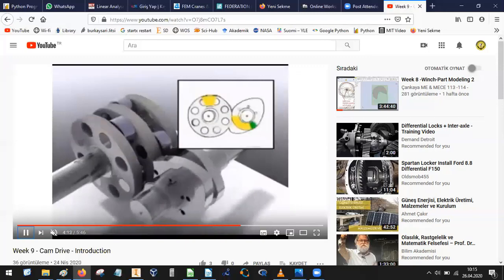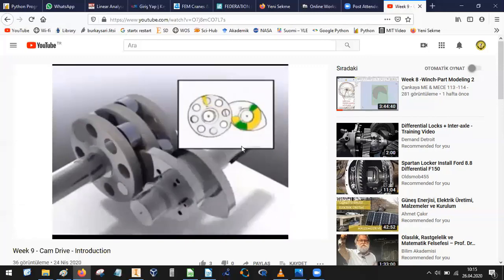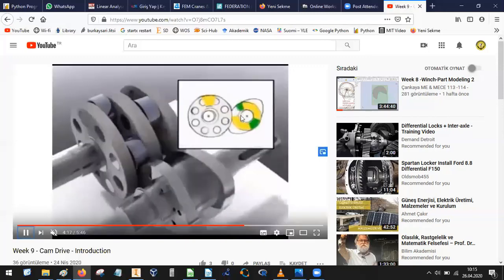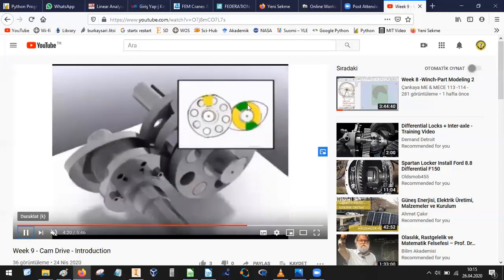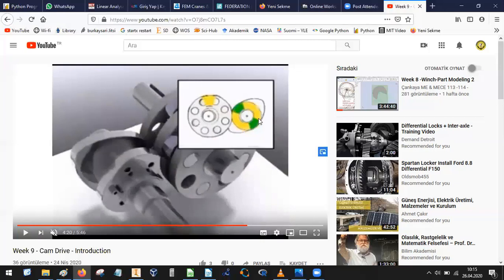Here we have 2 cams, and the 2 cam movement is divided for this purpose. We have 4 cycles of movement. Here we have the rotation with the yellow one, and we have 2 rotations on the green side, and we have 2 rotations for the steady movement.